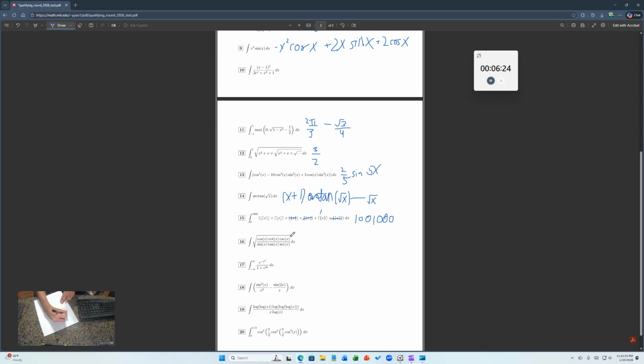So we get the square root of cosine squared over tangent squared, sine squared, which is equal to the square root of cosine squared times cosine squared over sine squared sine squared, because tan squared is sine squared over cosine squared.